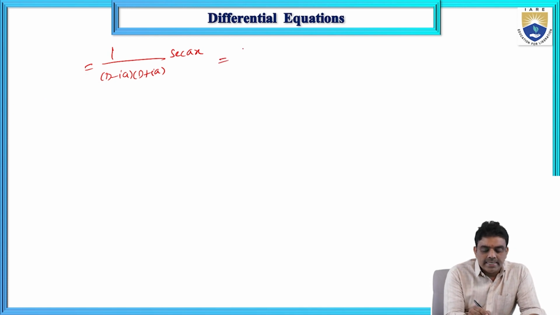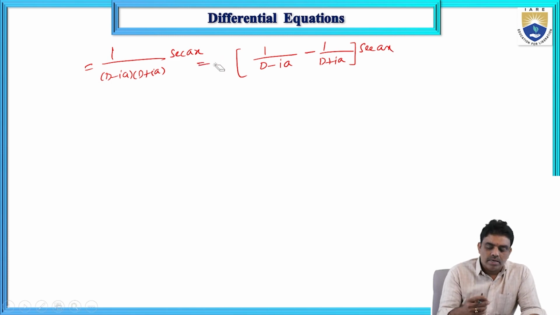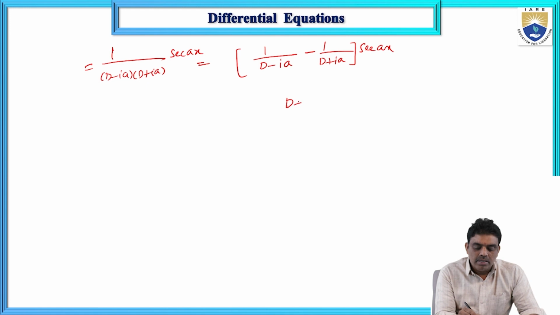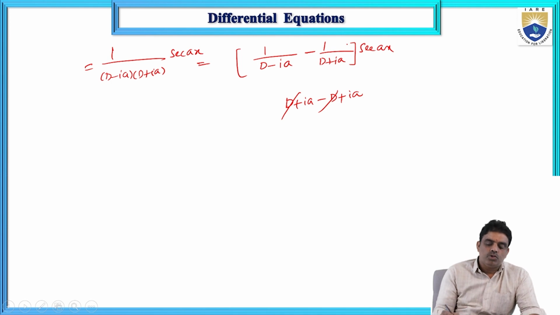So this I can write as 1 by d minus ia minus 1 by d plus ia of secant ax, and what do we have to multiply here? The numerator part will be d plus ia minus d plus ia, that means 2ia will come in the numerator.